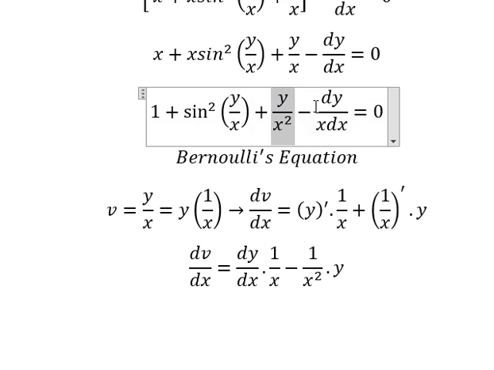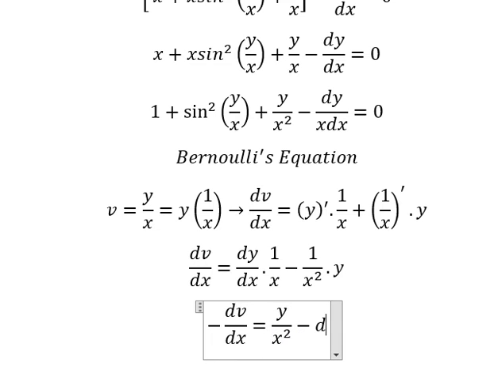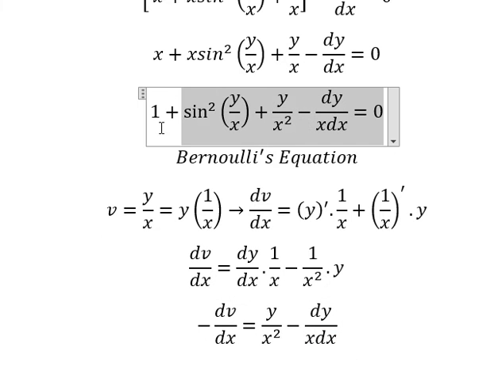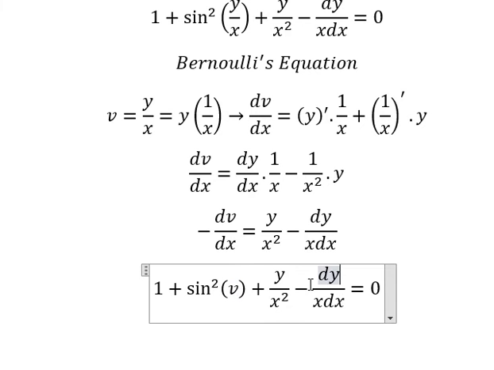So if we look carefully about this one, we see that if we put negative for both sides, you will got about negative dv over dx equals to y over x squared minus dy over dx, and we have x in here. So y over x we change for v, and this one we change for negative dv over dx.